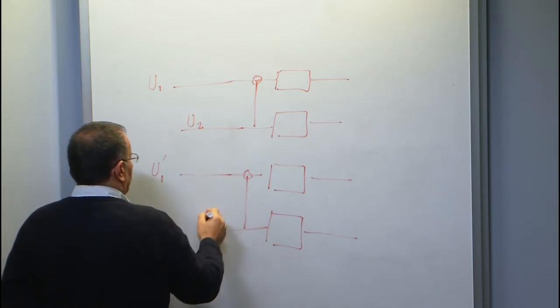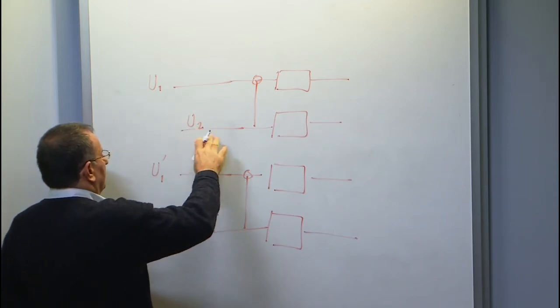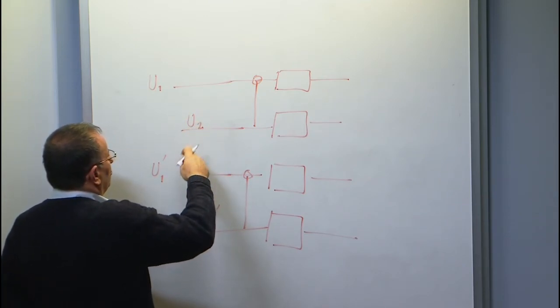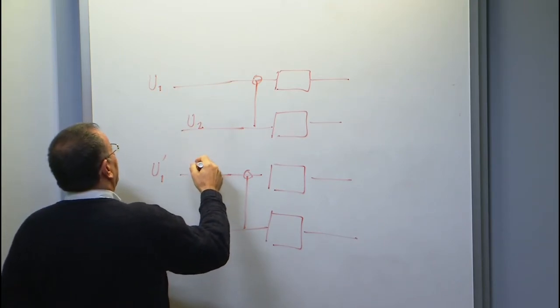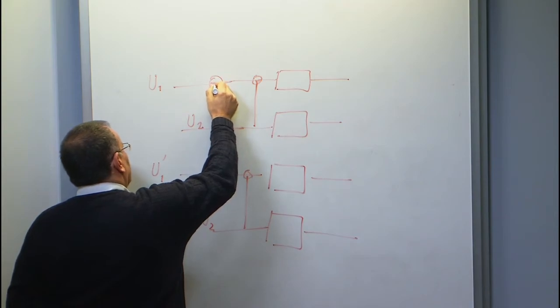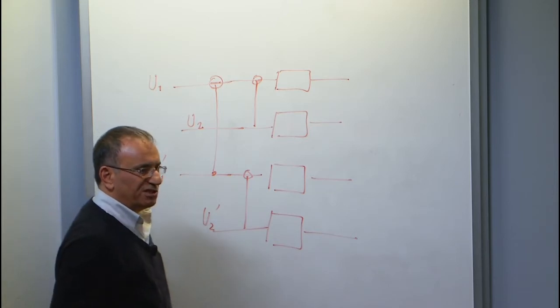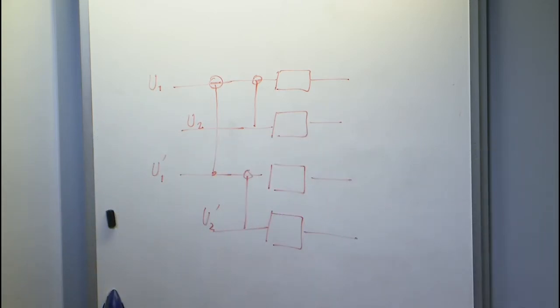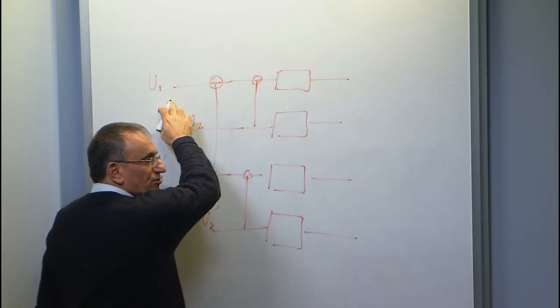I have a U2 here, I have a U2 prime in here. Okay, so now I won't do the combination of U1s and U2s all at the same time. Okay, let's first do the following. Okay, so I left the U2 channels as they are. I combined the U1 channels. Remember, the U2 channel is becoming accessible only after U1 is decoded.